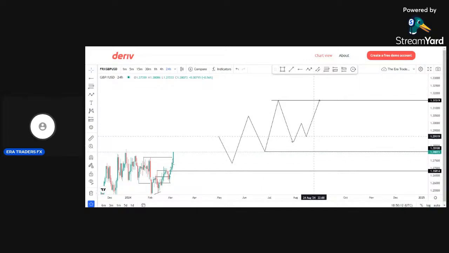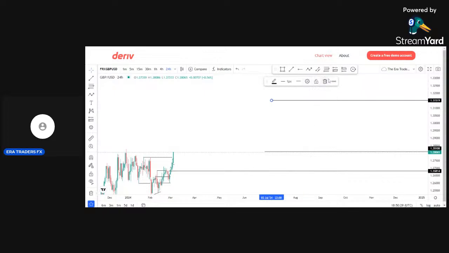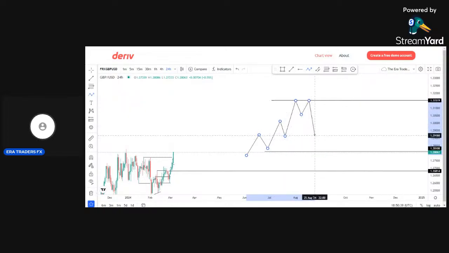and we also have equal highs. For example, when the market is moving up and forms equal highs, that region is a region of liquidity.